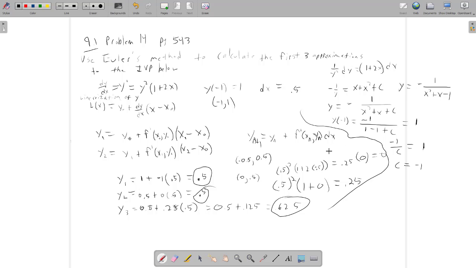Now let's actually compare those values. So if I plug in negative 0.5, right? So these are the approximations.